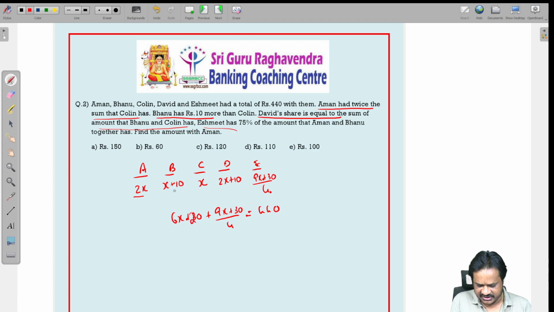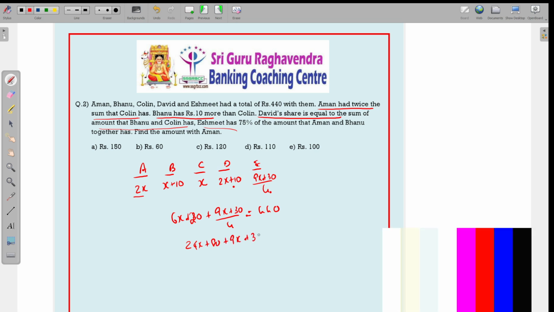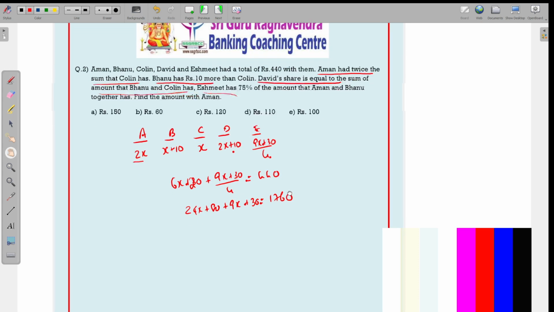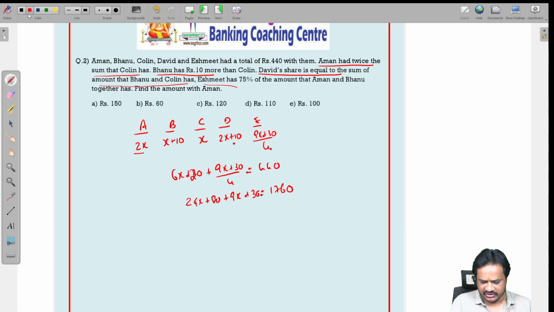Then you can take 24x plus 80 plus 9x plus 30 is equal to 1760, since 440 into 4 is 1760. If you do this calculation, you are going to get 24 plus 9, that is 33x plus 110 is equal to 1760.